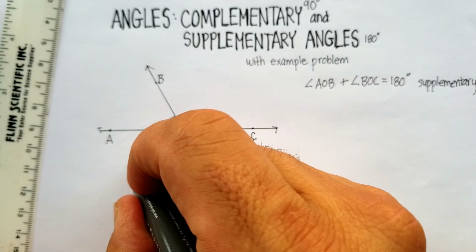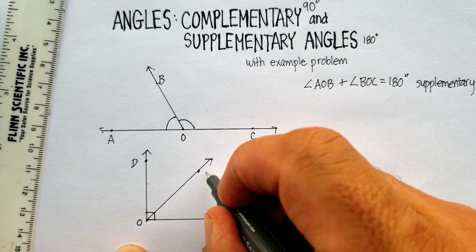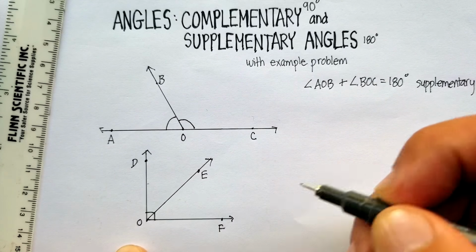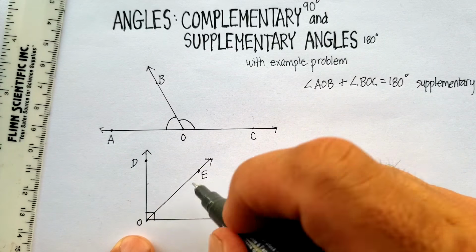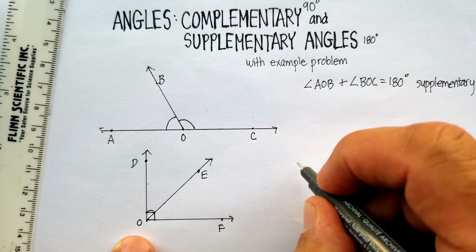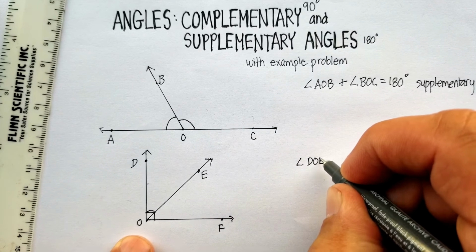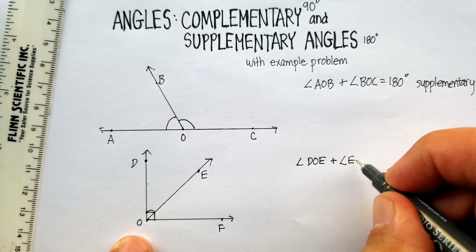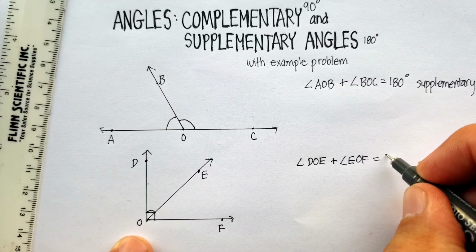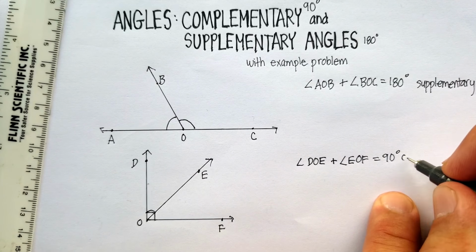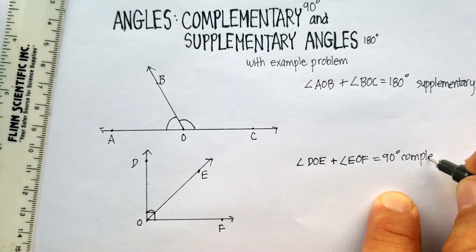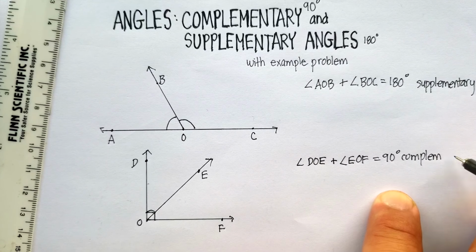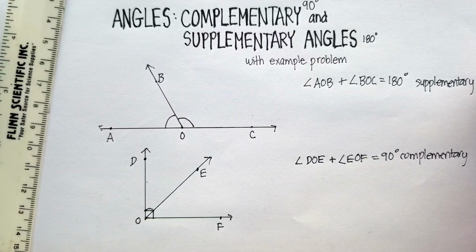So let's use D, let's make this O, E, and let's make this F. So angle DOE plus angle EOF equals 90 degrees, and these would be complementary. Complementary. There we go.